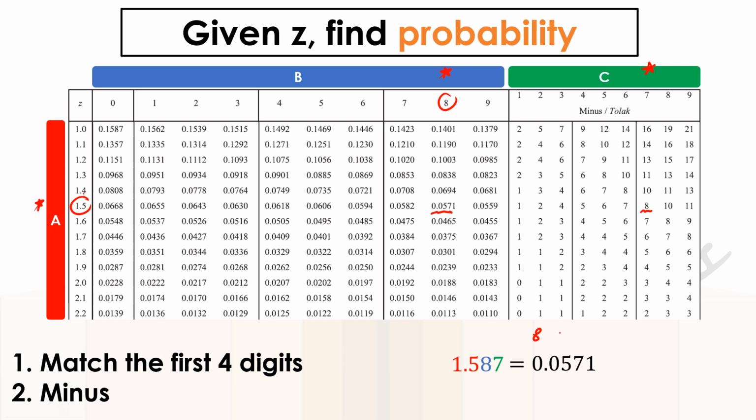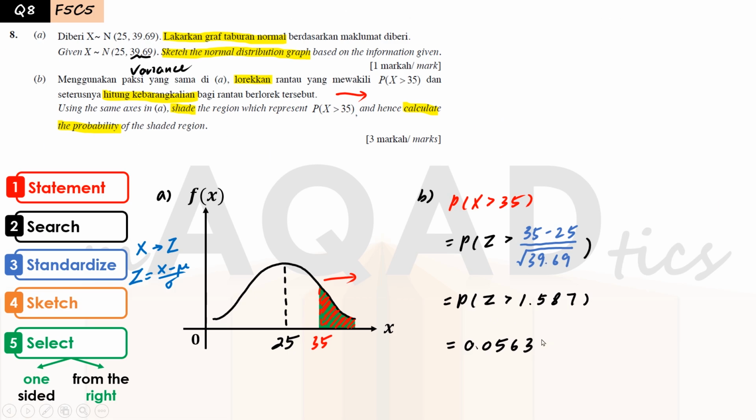It's actually starting from the back. So this value of 8 is 0.0008. Alright, so we are going to use this value to minus with this value, so we can get the probability, which is 0.0563. Alright, so this will be our probability.